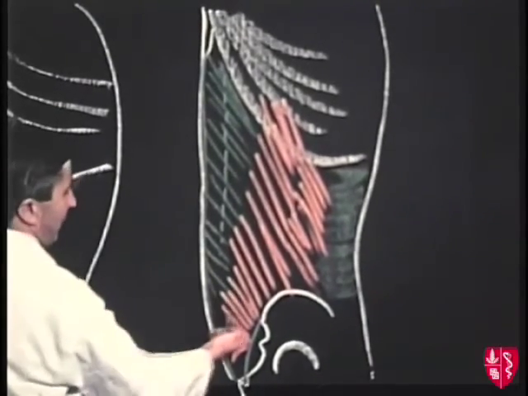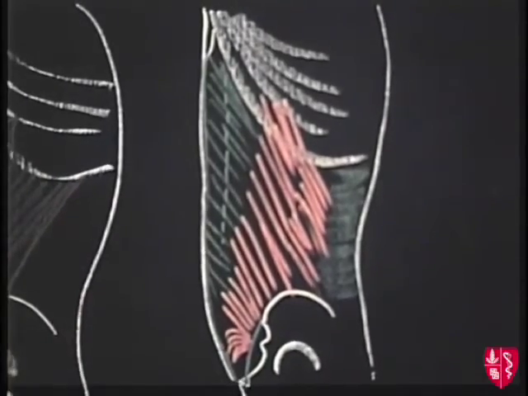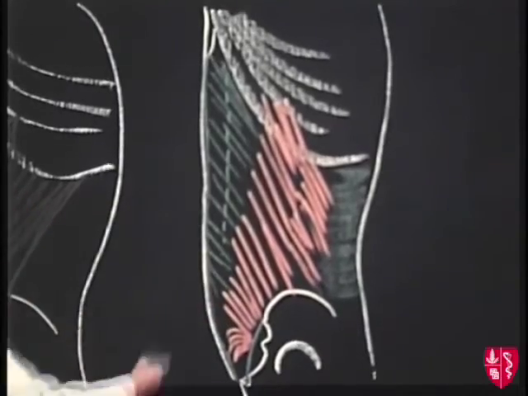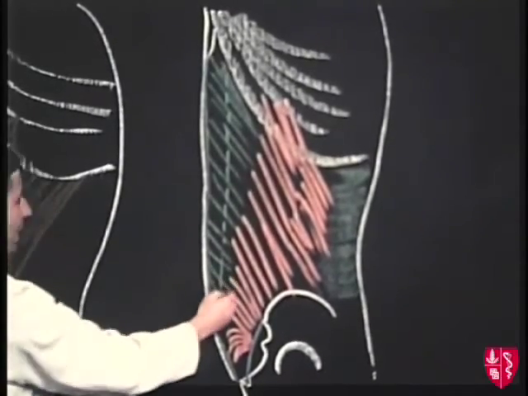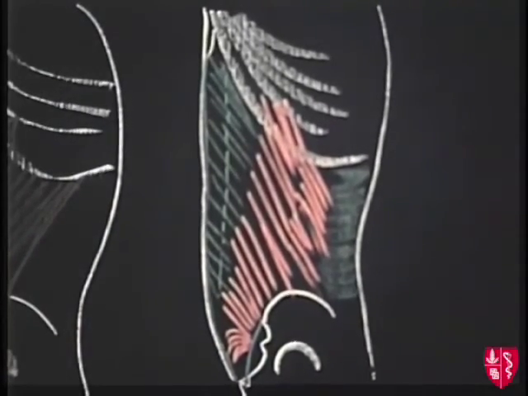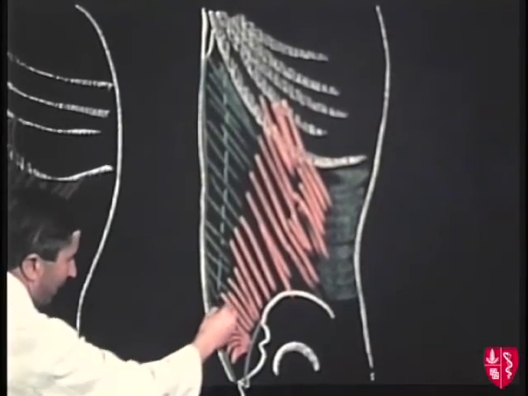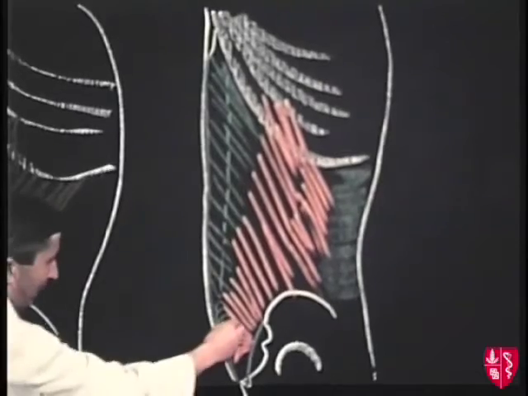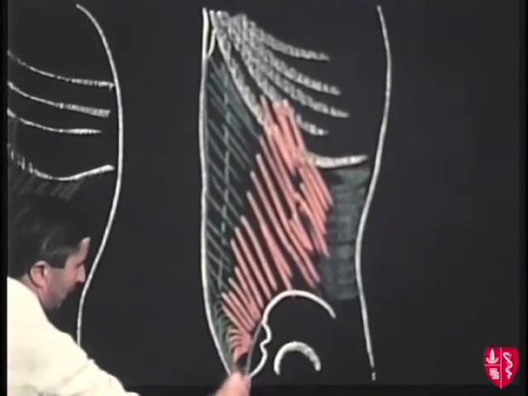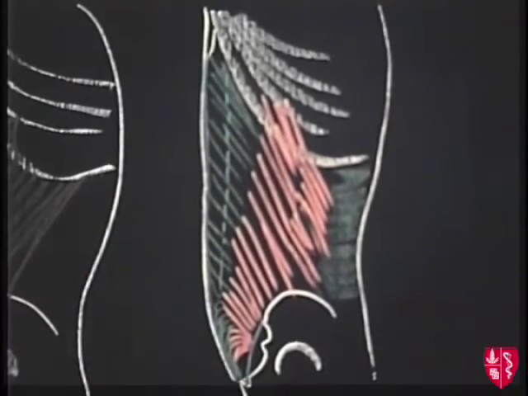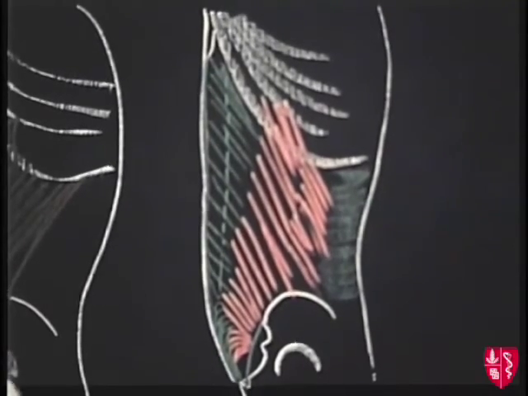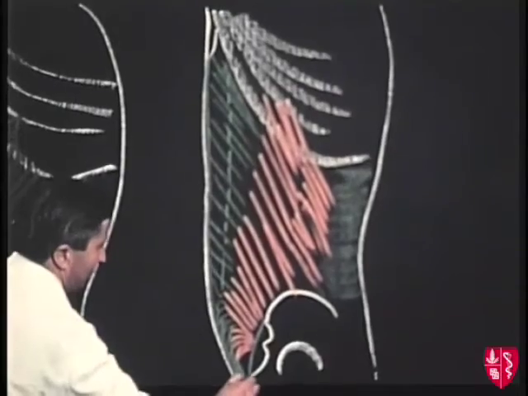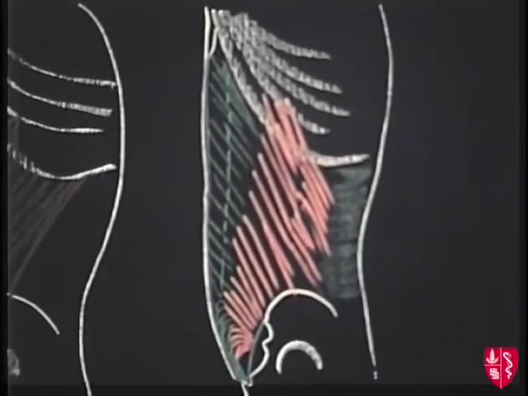At the level of the anterior superior iliac spine, however, this splitting ceases, and the entire aponeurosis comes forwards to lie in front of the rectus abdominis. So here we have the fibers arching over and coming down and forming a tendon which is going to join up, as we shall see in a moment, with the tendon of the transversus abdominis to form the conjoint tendon which is inserted into the pubic crest.